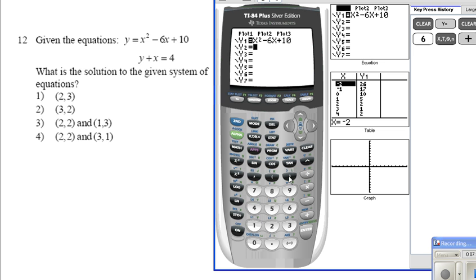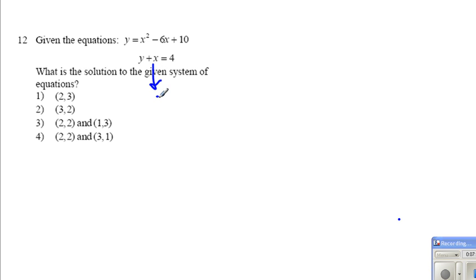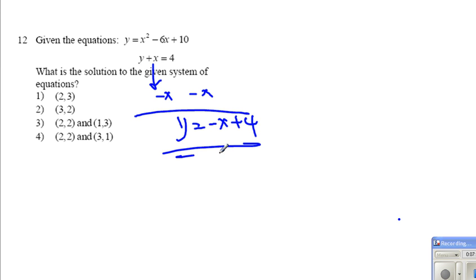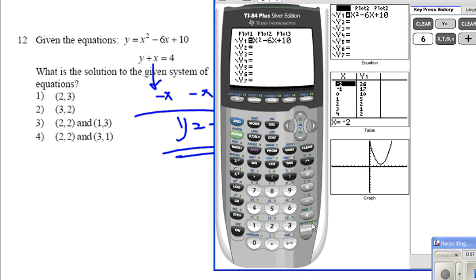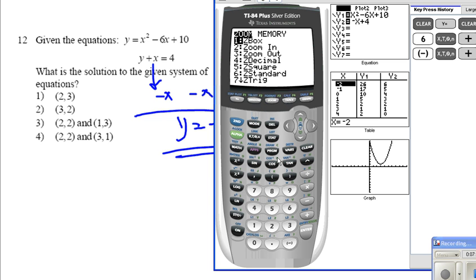That's the first equation. The second one, by subtracting x from both sides, we end up getting y equals -x plus 4. Now we can do the zoom standard number 6.